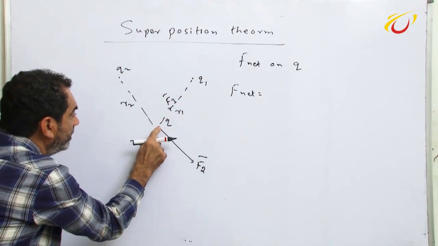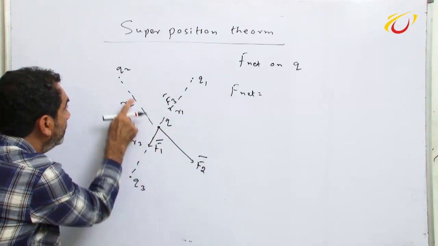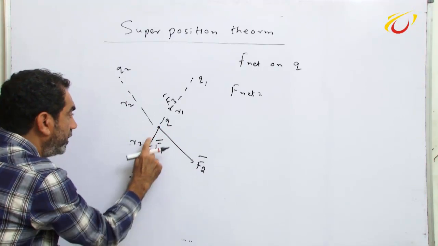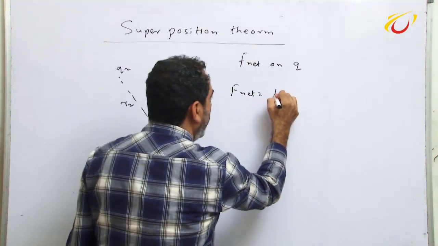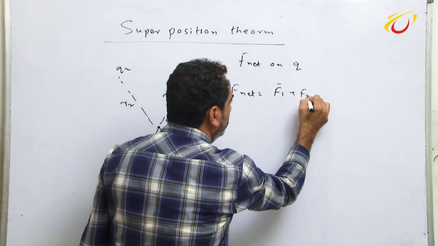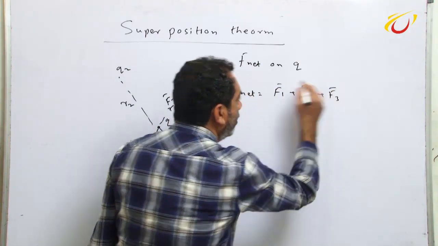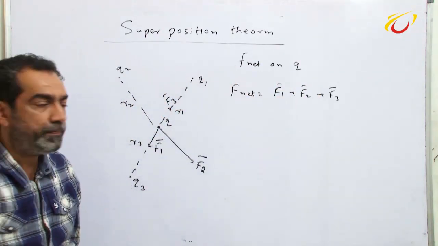So F1 plus F2 plus F3, all with bar. This is about vector form.